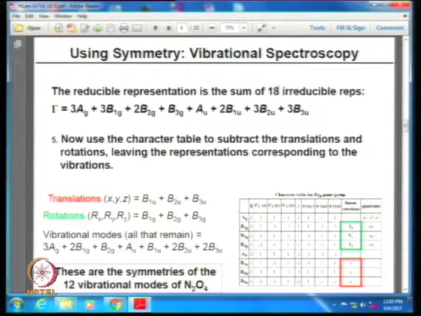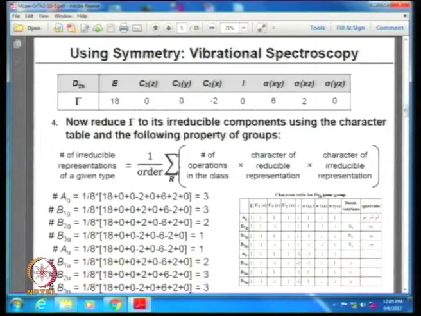The 18 sized reducible representation can be split up into the 1, 2, 3, 4, 5, 6, 7, and 8 classes. You can count here 1, 2, 3, 4, 5, 6, 7, and 8. So there is a mistake here. 8, not 18. 8 irreducible representations. This gamma can be split like this with the weightage factors as worked out here by doing the full orthogonality thing.